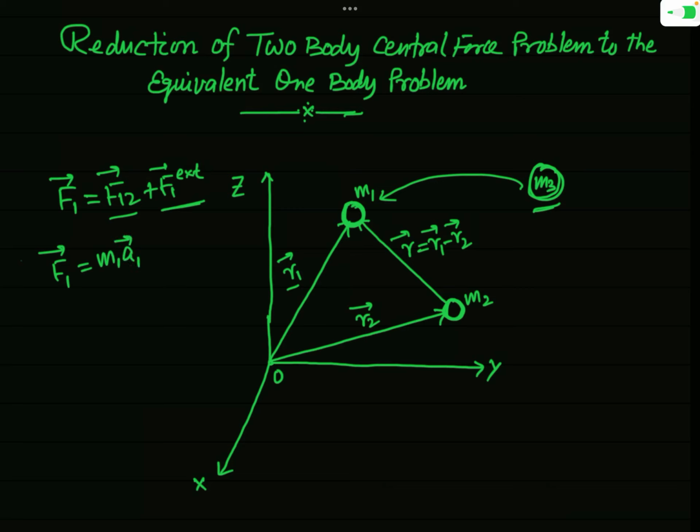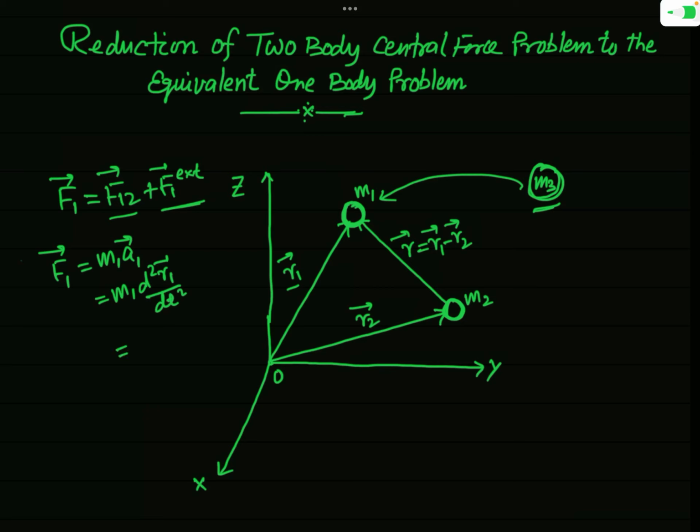Let us say that the acceleration of this mass M1 is A1, then this will be M1 A1. And you know that A1 will be equal to d2 r1 dt square, because its position vector at any time t, let us consider, is r1. So after differentiating this r1 two times, you will get the acceleration.